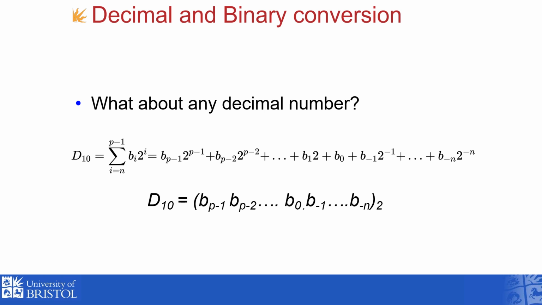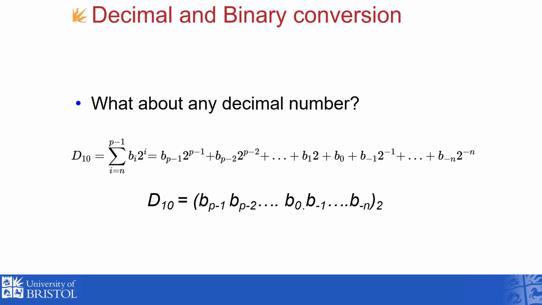Now, what about any decimal number? Again, we see this representation over here. This is when you use the summation of all the terms in order to get the number in the decimal system. This is how you could represent a number in the decimal system based on the position of each bit.